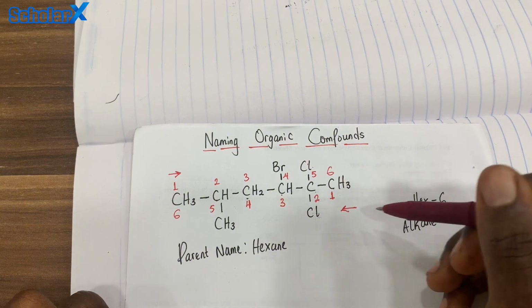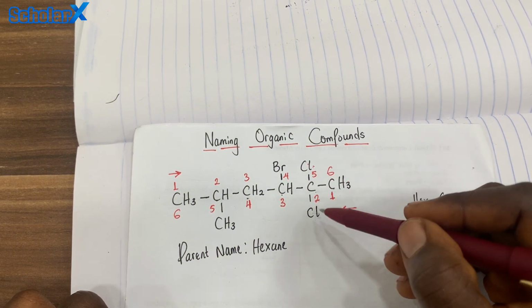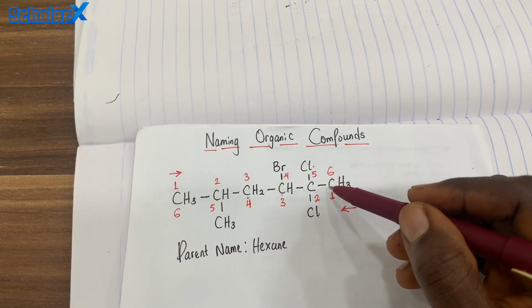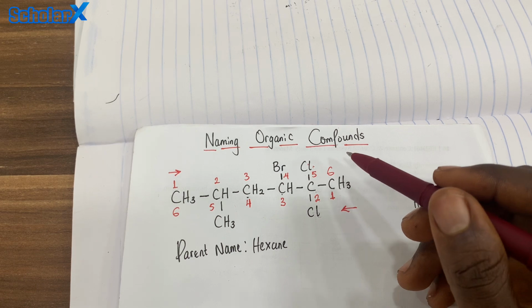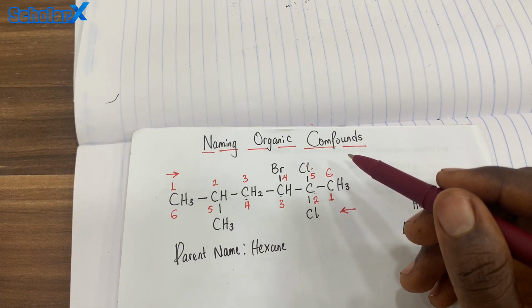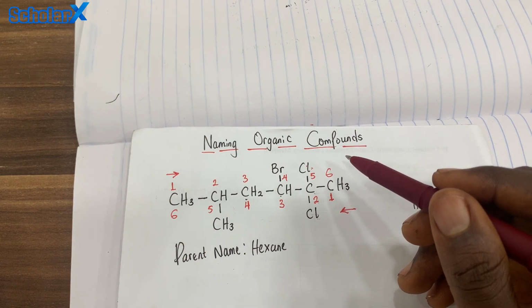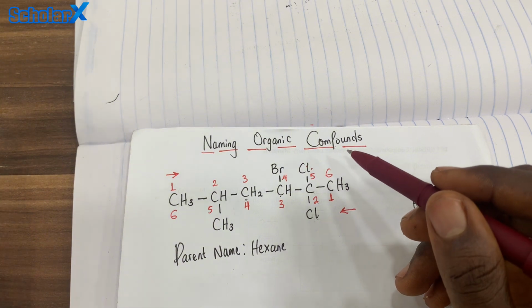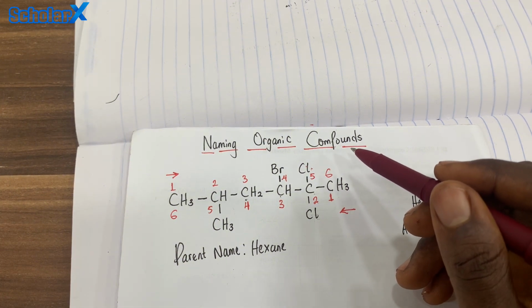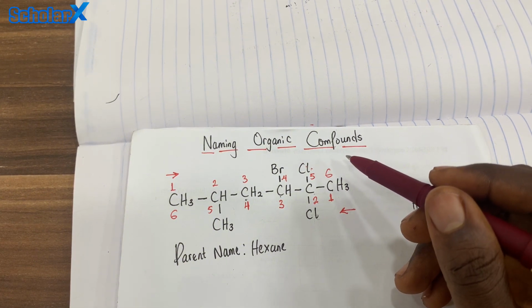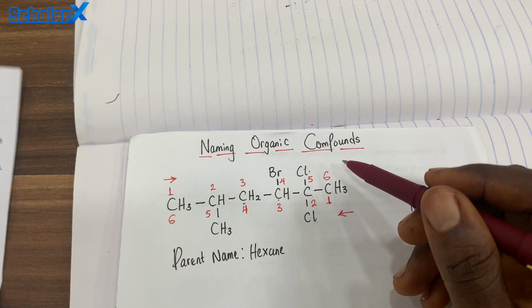They are inorganic substituents, and we consider inorganic substituents first according to the rules that we looked at in IUPAC nomenclature. If you've not watched the previous video, please watch the previous video.